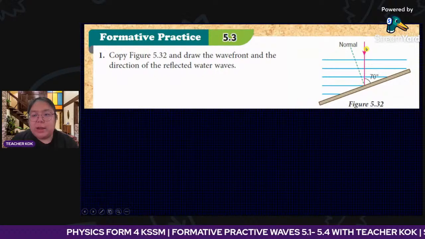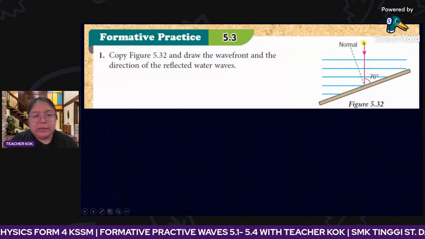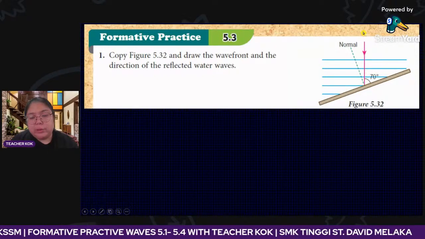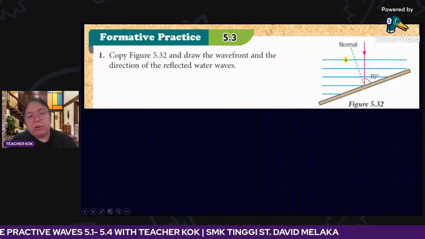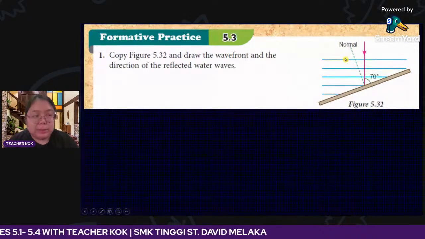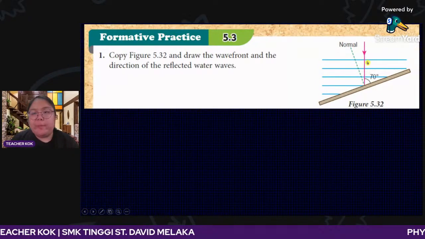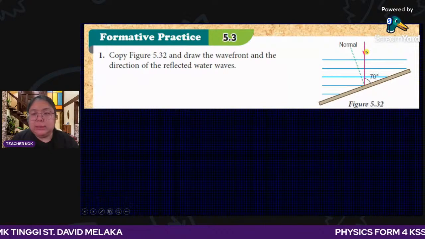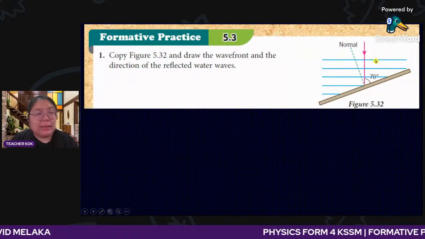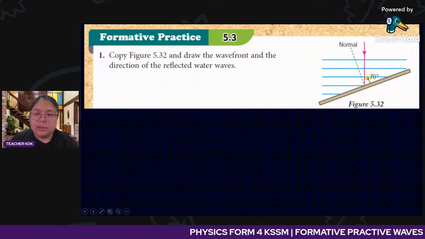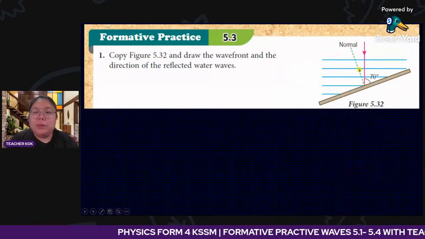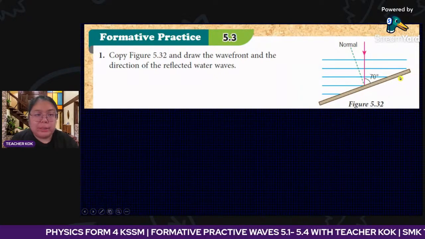The first one, the direction they go in, we call the incident wave. This is a direction. Then the horizontal lines are the wave pattern. Remember the wave pattern and the incident wave must be at 90 degrees. Then this one should be the normal. The normal must be 90 degrees to the obstacle.